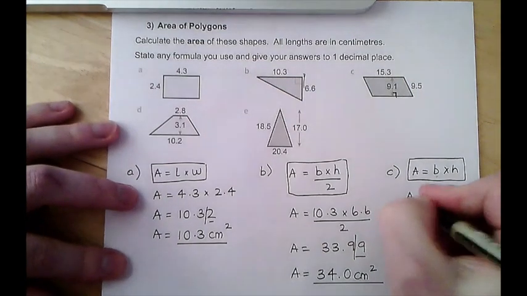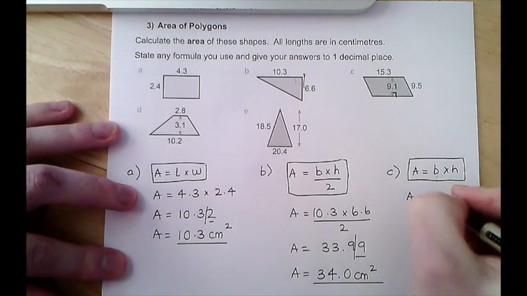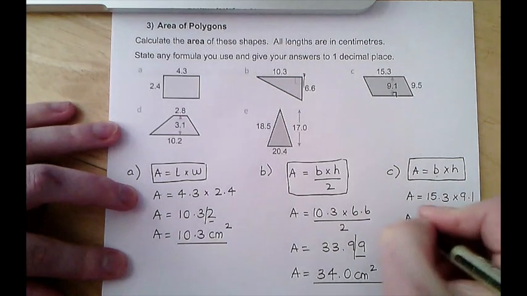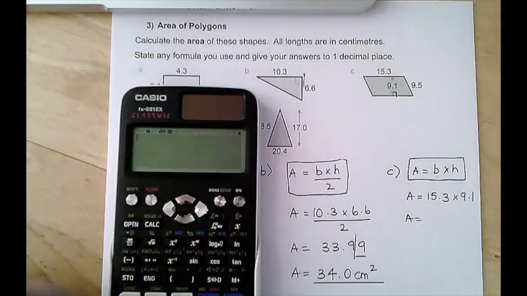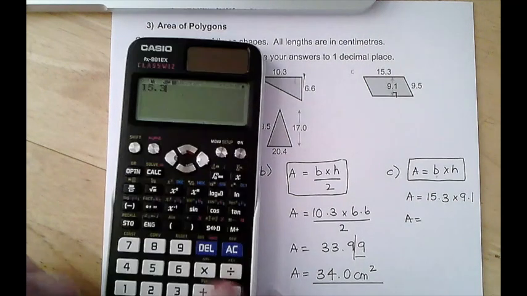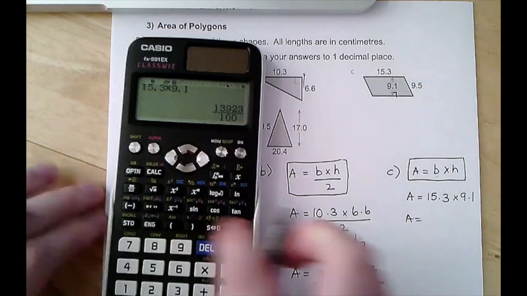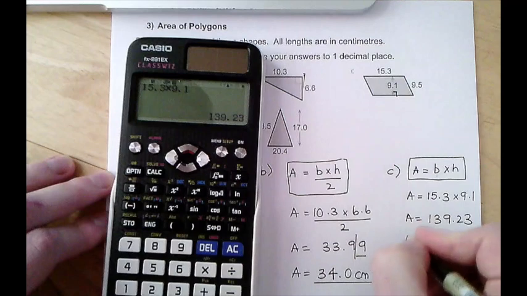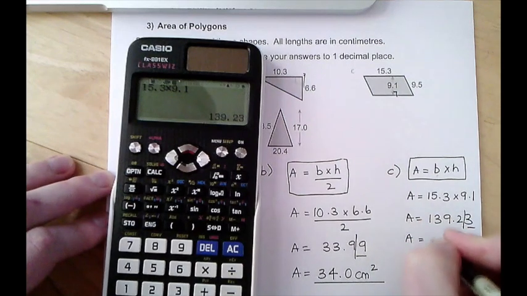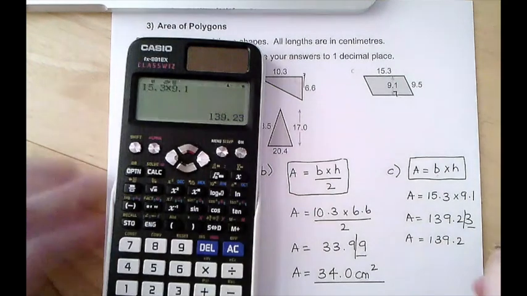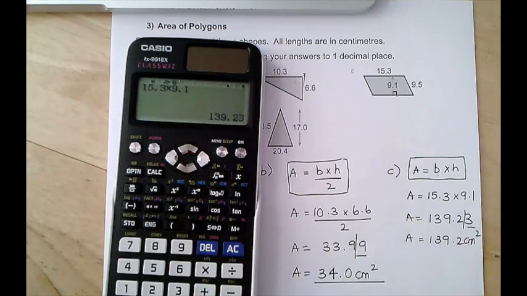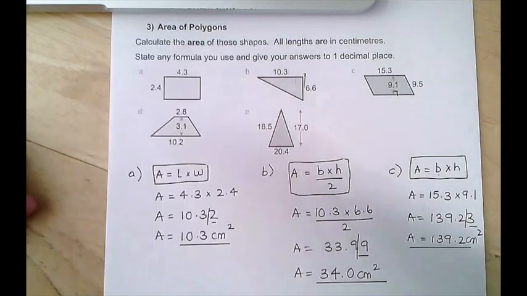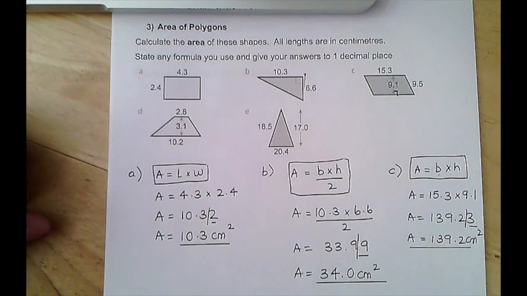So the area is base, which is 15.3, times the height, which is 9.1. 15.3 times 9.1 is 139.23, which to one decimal place is 139.2 centimetres squared. I'll just pause there for a second.